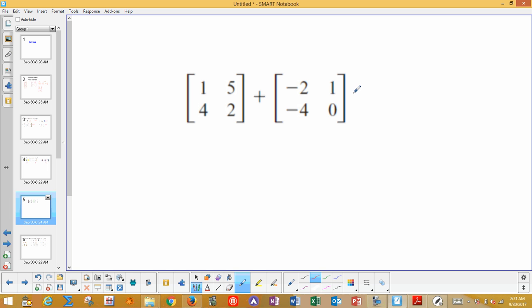So in this case, when we add matrices, we add the corresponding places. So 1 plus negative 2, negative 1, 4 plus negative 4, 0, 5 plus 1, 6, 2 plus 0, 2. Okay? And that's how we add matrices.